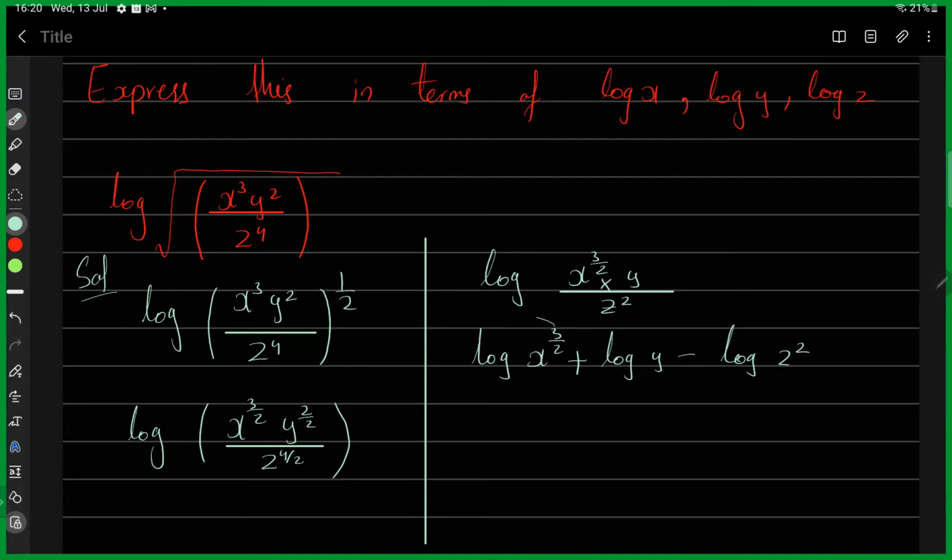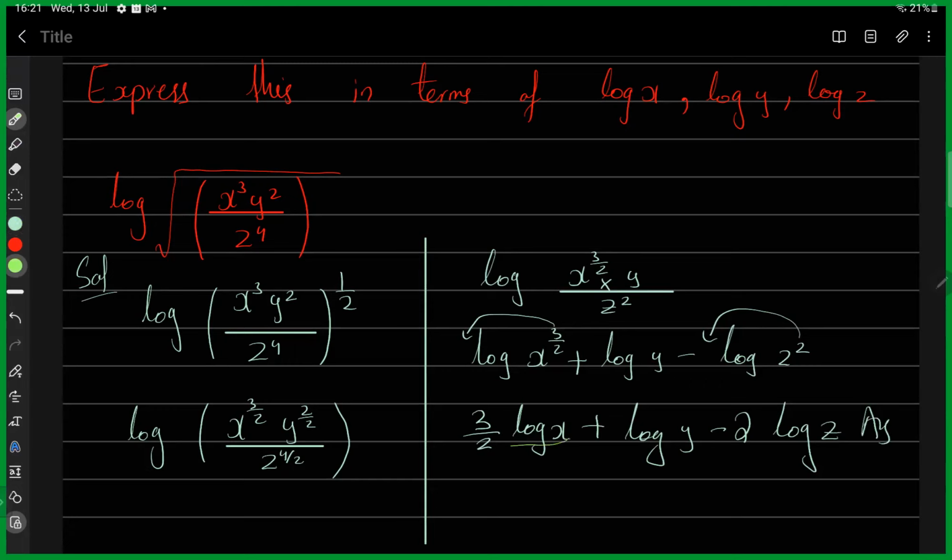Now I can take these powers over here. This would become 3 by 2 log x, plus log y, and this number would come here, so it would become minus 2 log z, and this is going to be the answer.